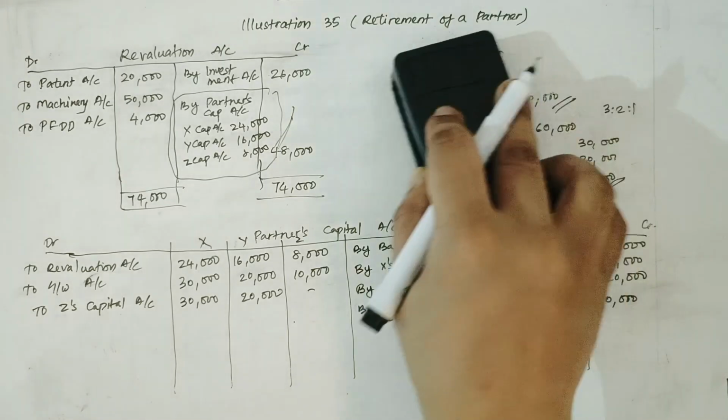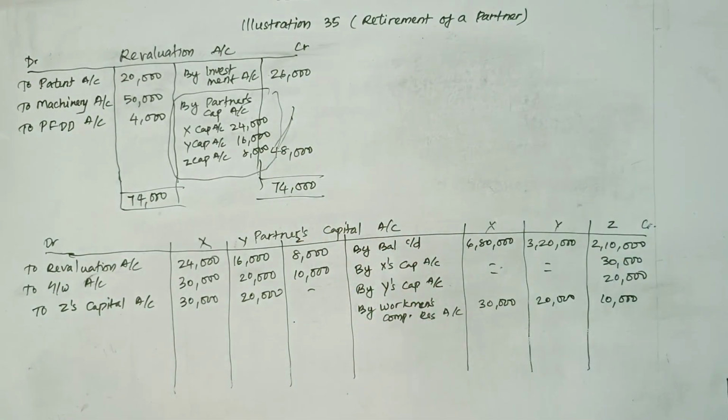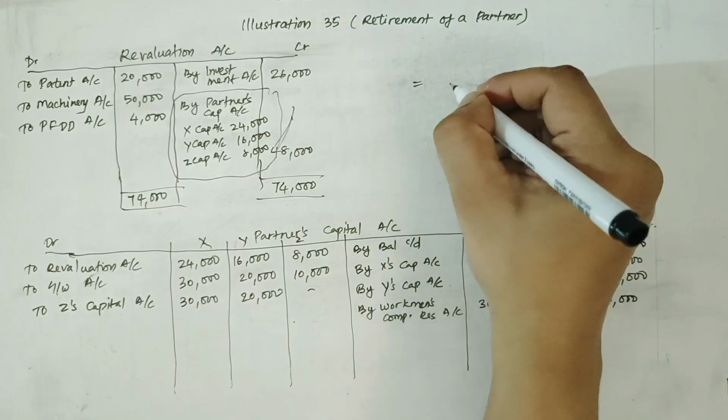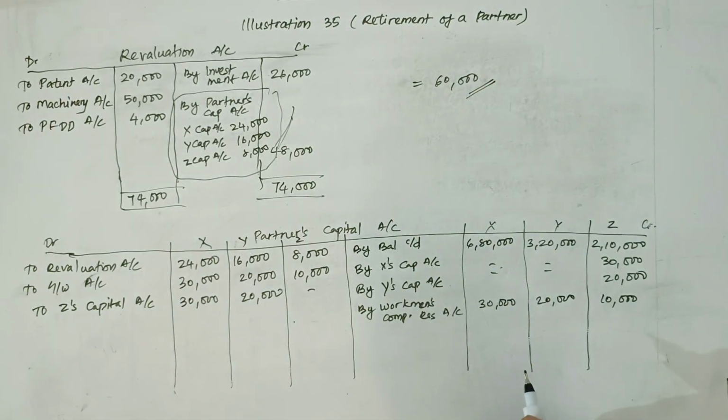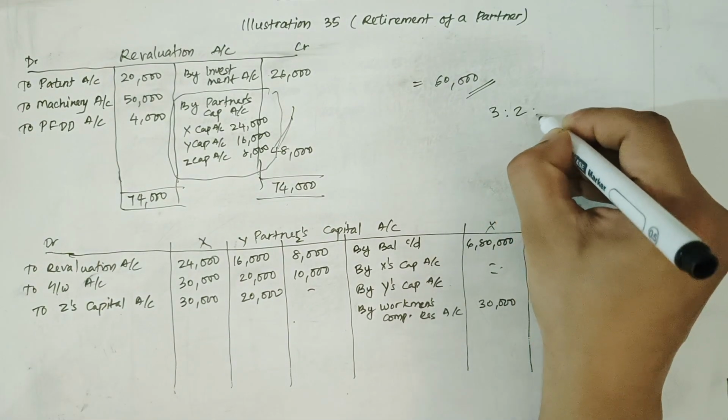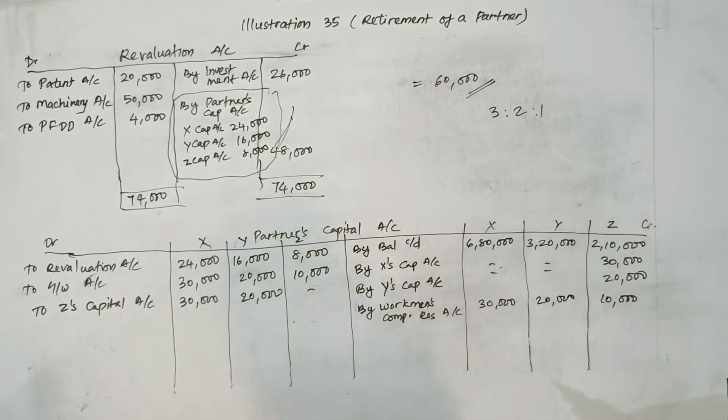Now investment fluctuation reserve, the value is 60,000. It also has to be distributed among the old partners in old profit sharing ratio. The journal entry will be investment fluctuation reserve account debit to partners capital account.